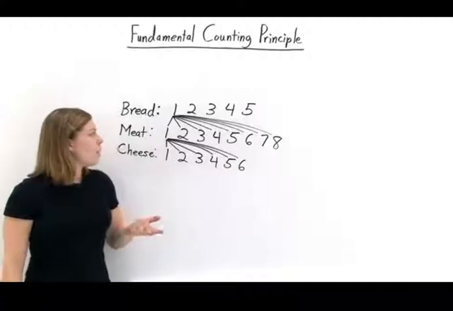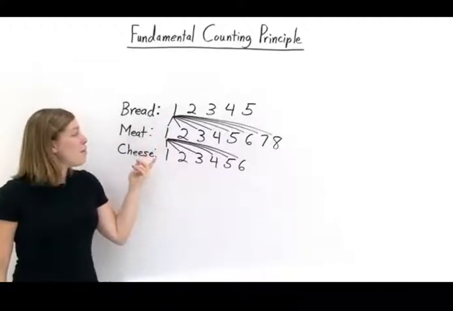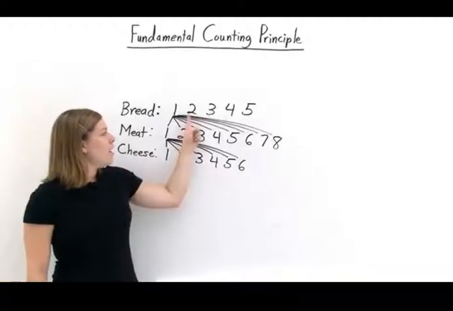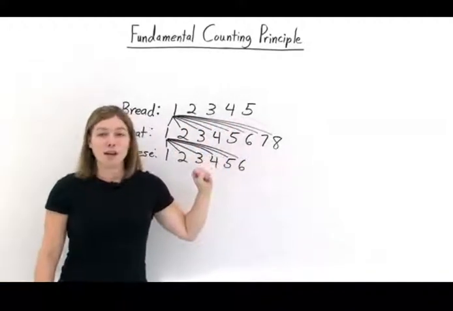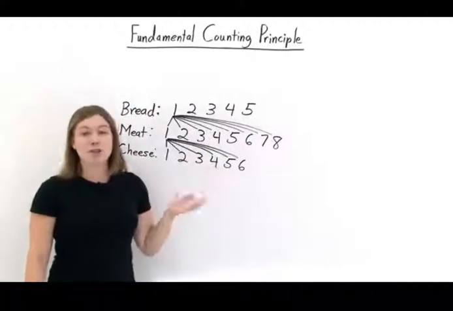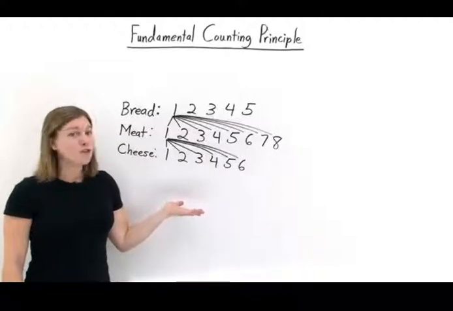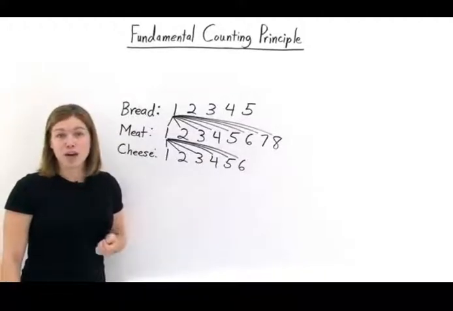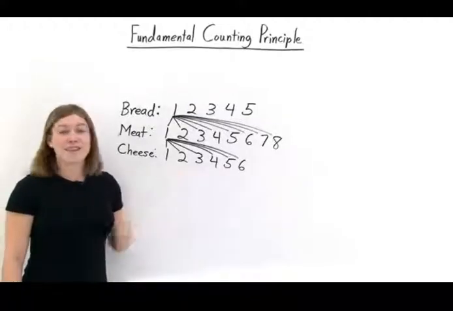Now that's just talking about the first type of bread and the first type of meat. Think about all the different options we'll have if we choose the other types of bread and all the other types of meat. That pairs up with the different types of cheeses. Wow, there's a lot of choices here, and this could take a long time to write out how we're doing it. Fortunately, there's a shortcut to finding out this answer.